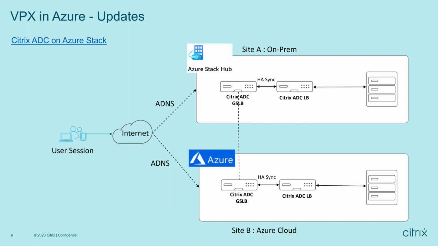Anybody who has an Azure Stack will now be able to see the Citrix ADC offer in the Azure Stack marketplace. With that, it also brings the same capability that AWS has now. You can use an on-prem site which has an Azure Stack Hub together with public cloud Azure, and you can combine them with GSLB in active-passive or active-active scenarios, right? So it's the same thing that we discussed with AWS.